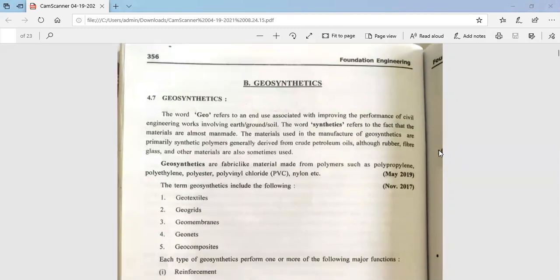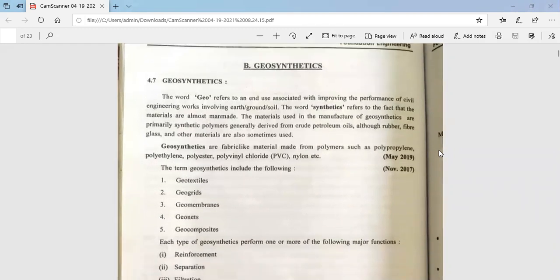So the word geo refers to an end use associated with improving the performance of a civil engineering works, which involves earth, ground, or soil. The word synthetics refers to the fact that the materials are almost man-made, and these materials used in the manufacture of geosynthetics are primarily synthetic polymers, generally derived from crude petroleum oils, although rubbers, fiberglass, and other materials are also sometimes used.